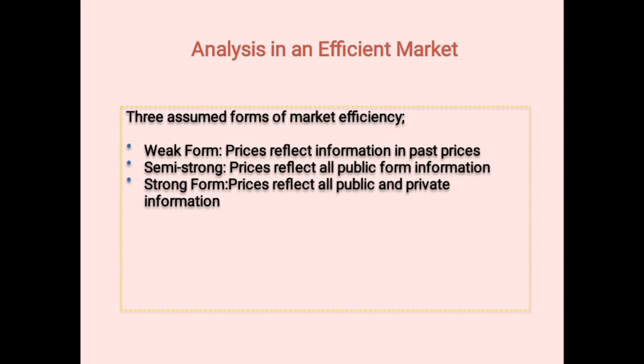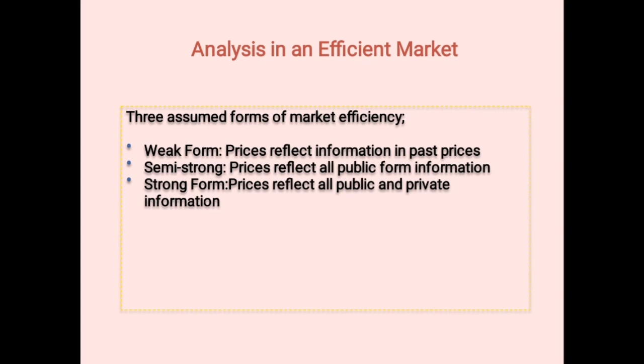And then the last material for me is about analysis in an efficient market. The efficient market hypothesis deals with the direction of market prices in response to financial and other information.